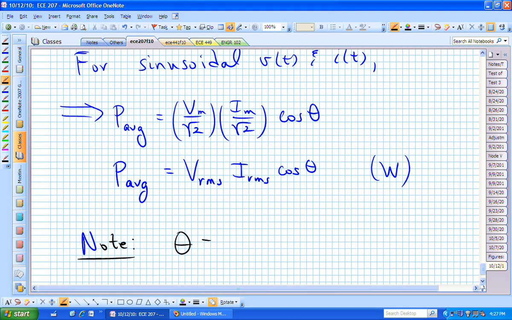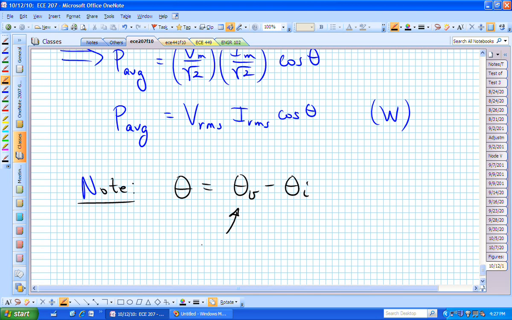And what do we know about that theta? That theta is actually the difference between our voltage phase and our current phase.